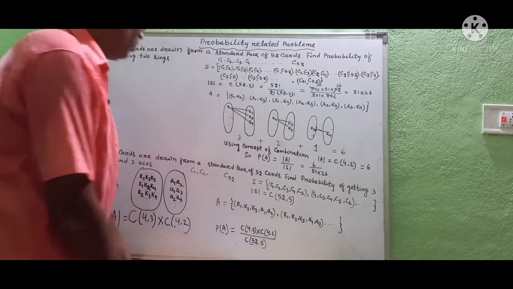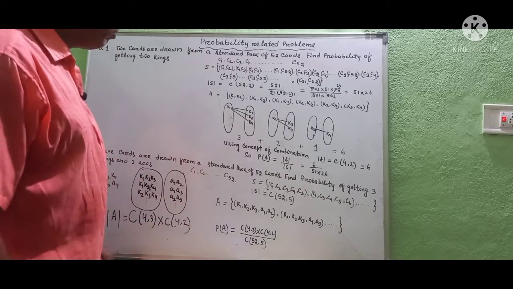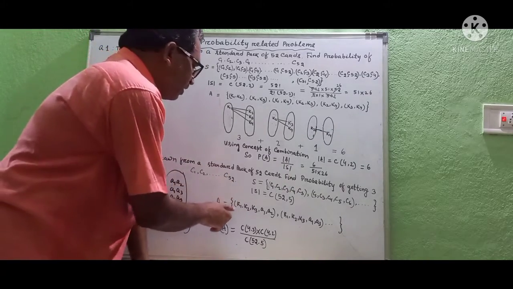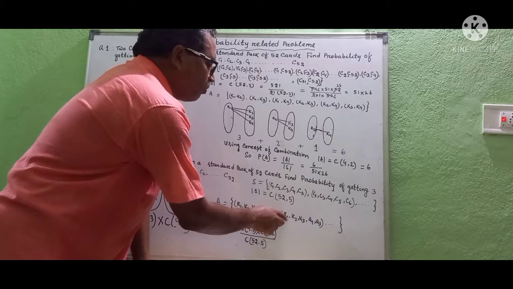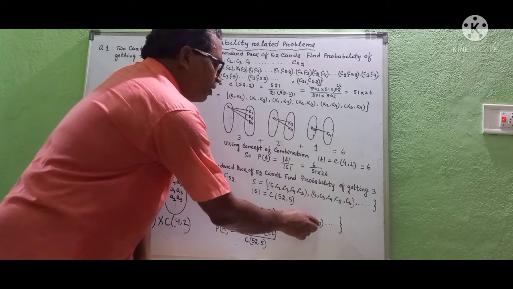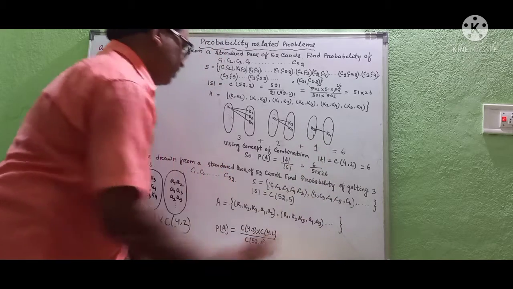Then comes to event A. A will be what? K1 K2 K3 A1 A2, K1 K2 K3 A4 A3, like this.